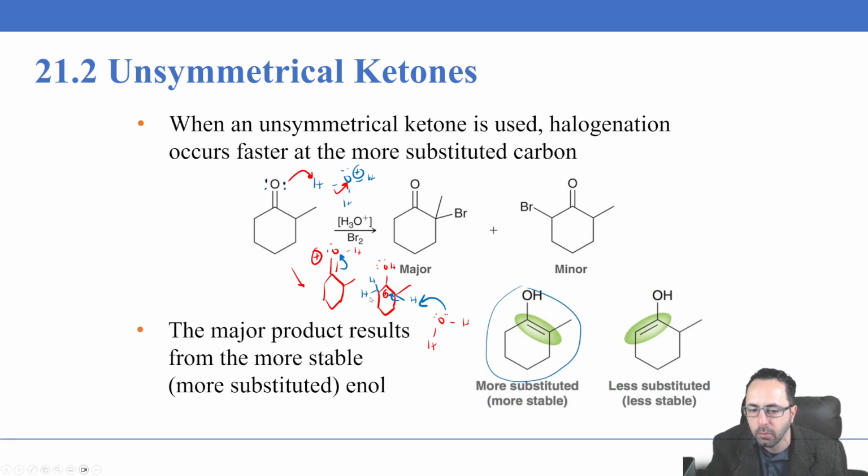So we don't get the deprotonation on this side. So the more substituted enol will be the major product, and the halogenation at the more substituted alpha carbon here will be the major product, and the halogenation at the less substituted alpha carbon will be the minor product.